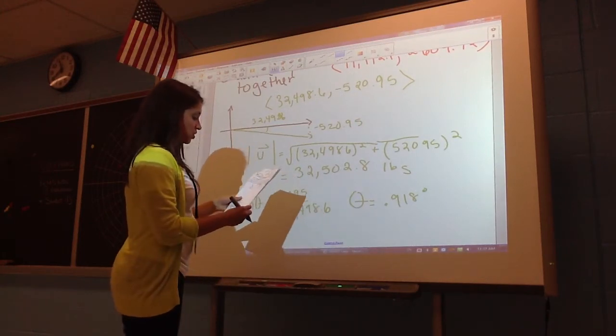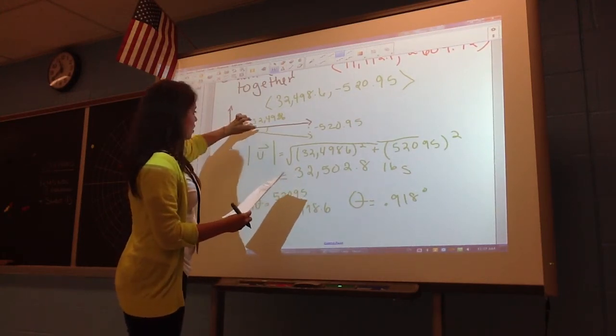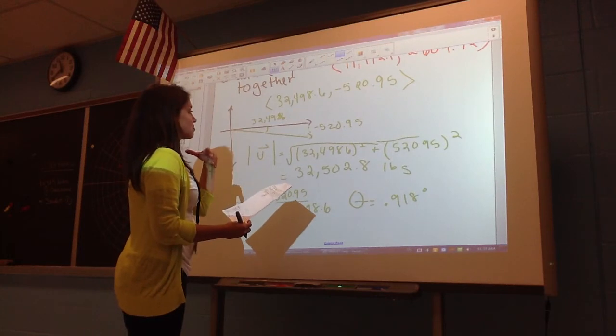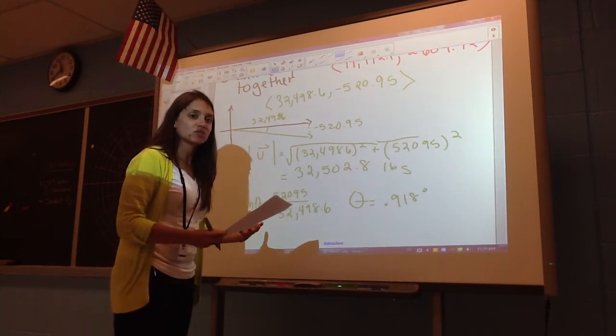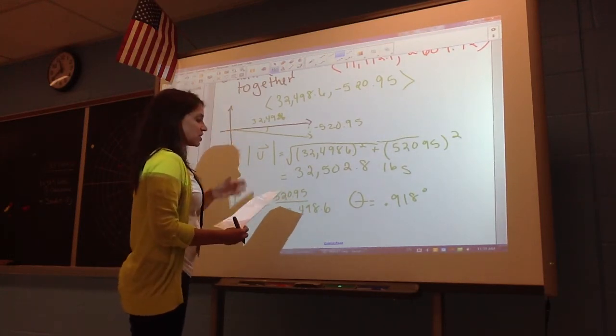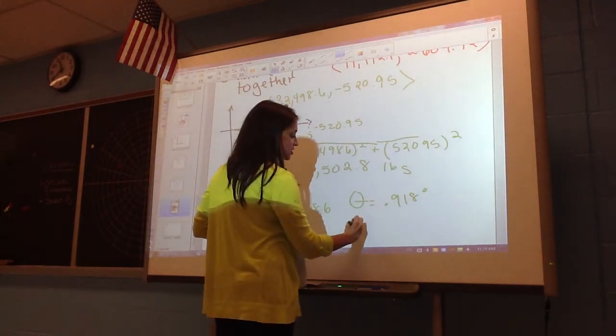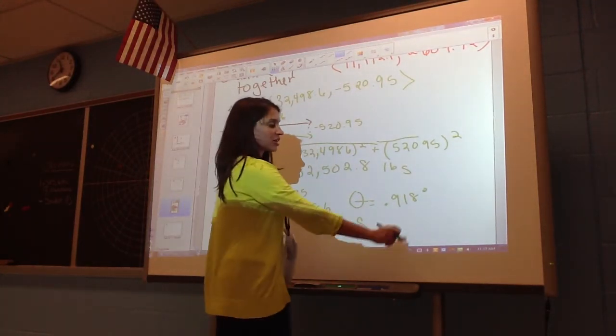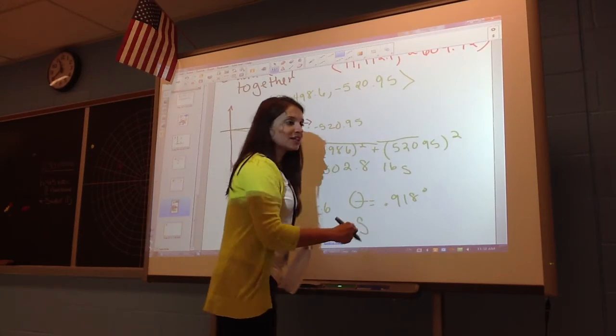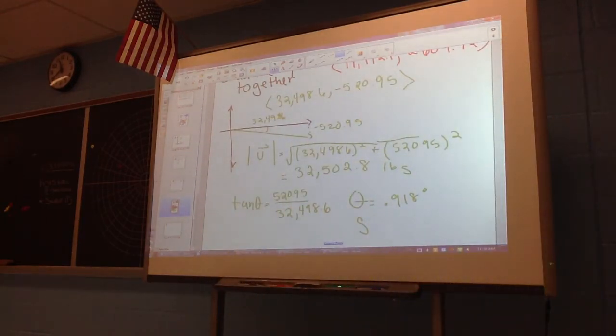What we need to work on is saying our directions using one of our poles, south or north. So I want to say south, and then I've got to do 90 minus 0.918. Okay? 90 minus 0.918. Why did I choose 90? Because each quadrant is 90 degrees.